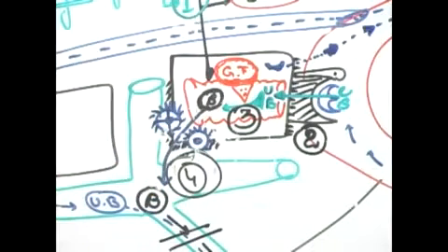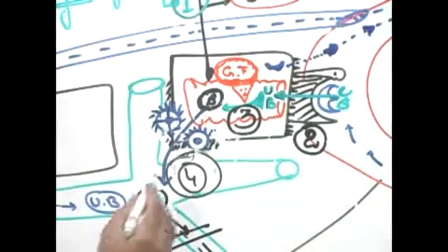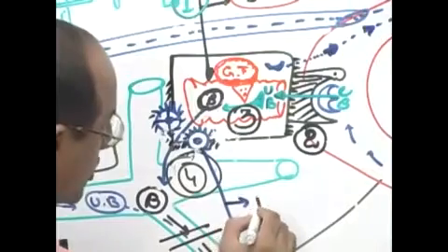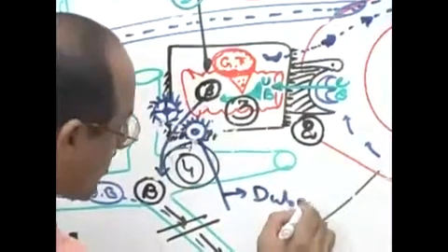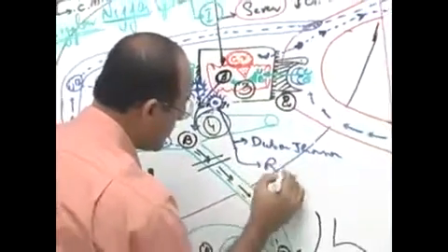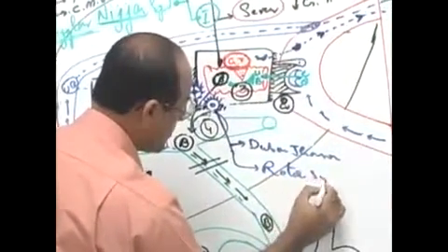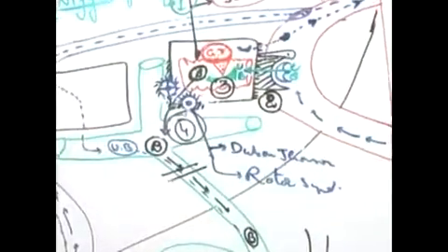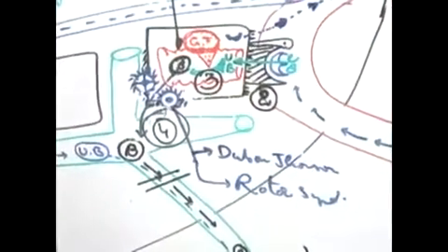Inherited causes, one is Dubin-Johnson and the other is Rotor syndrome, right? The good news is that both of them are innocent.